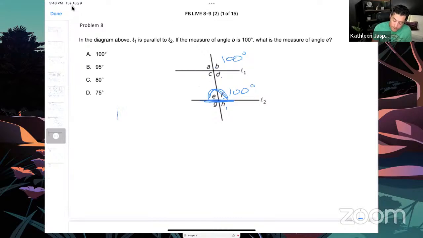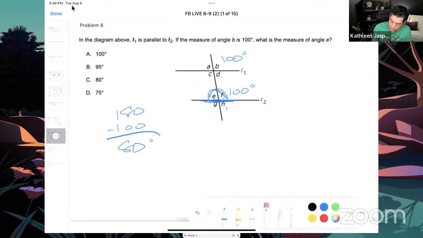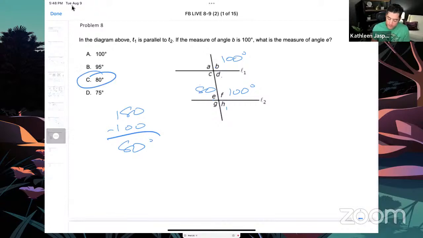So if I have 180 degrees that I need and I take away 100, I'm left with 80 degrees. That means angle E is equal to 80 degrees, which is my answer.